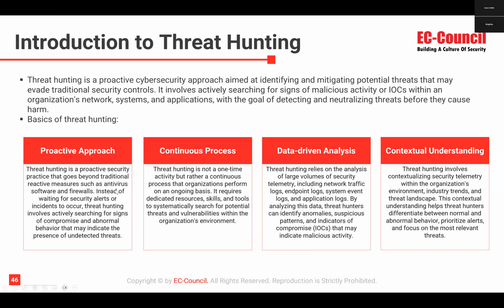Data-driven analysis, we should be taking the information that we get out of those large volumes of data and using that to detect any kind of anomalies or suspicious activity going on. And then some kind of contextual understanding, making sure that we understand what the organization's environment is, the industry trends, any kind of threat that's going to help the threat hunters differentiate between normal and abnormal behavior coming through.